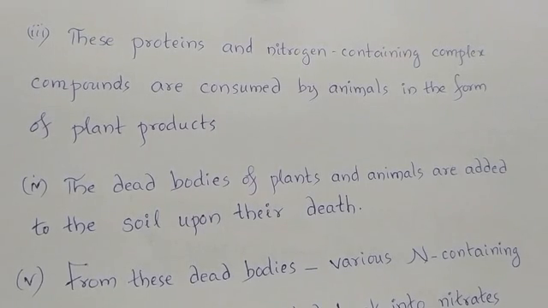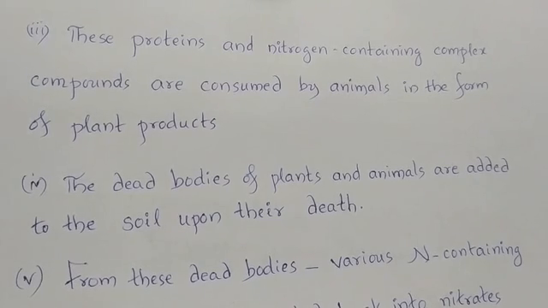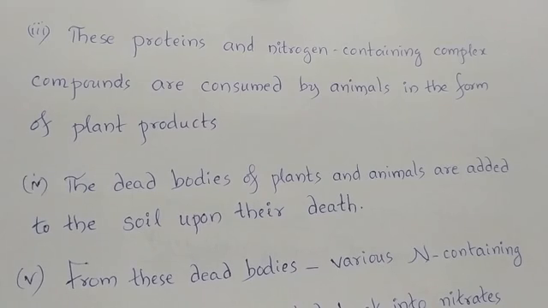These proteins and nitrogen containing complex compounds are consumed by animals in the form of various plant products. So, animals will grow, plants will grow. After attaining maturity, they attain aging. After that, they die.